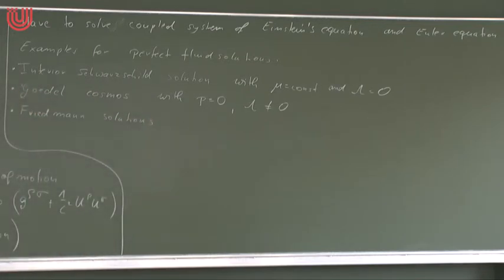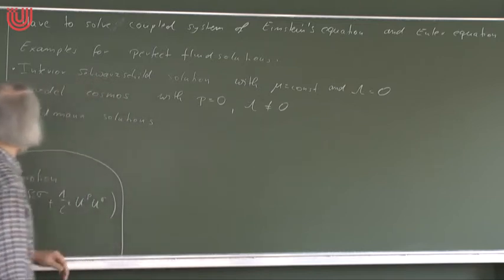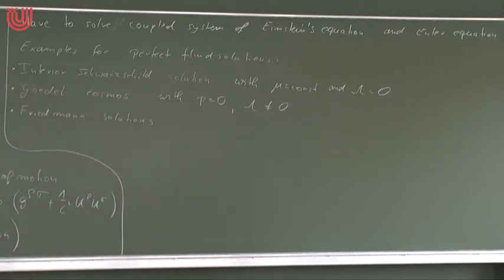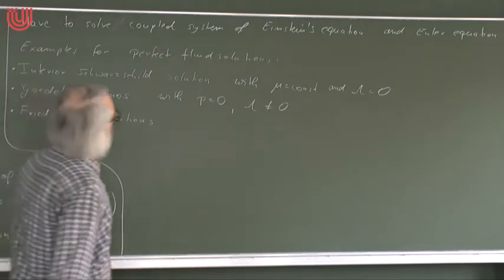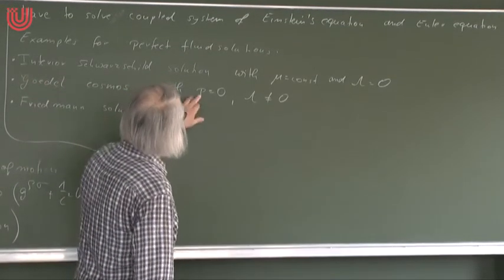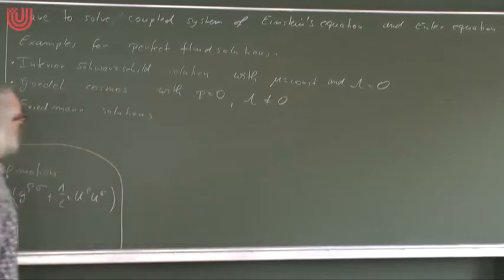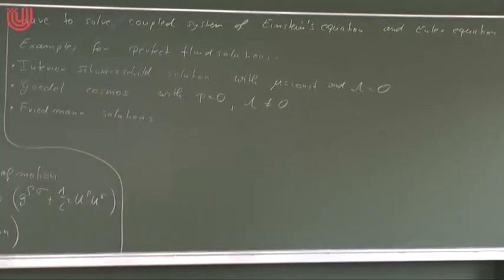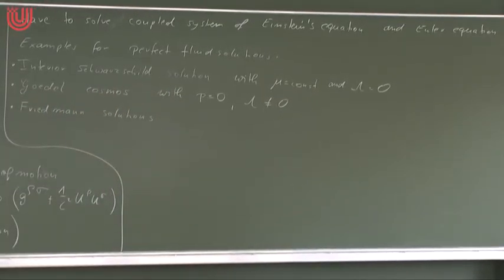In general, you have what you call the generalized Friedmann solution, this is a general class of perfect fluid solutions with homogeneity and isotropy assumption. So in general, you can have a non-zero pressure. In general, you can have a non-zero cosmological constant.